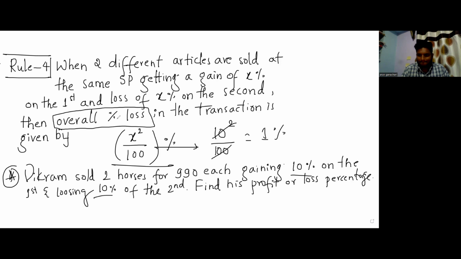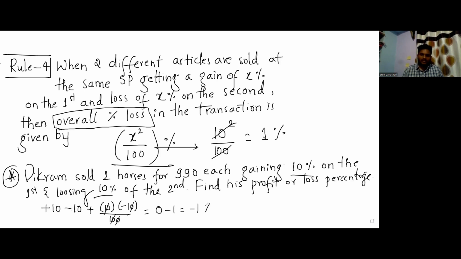Done. It's not like you could not do it using your plus or minus x plus or minus y formula also. We can use that formula also. Plus 10 because profit, minus 10 because loss, plus 10 and minus 10 divided by 100. Zero and zero will get cancelled here. 10 minus 10 is how much? 0. Plus 1 into minus 1 is minus 1.